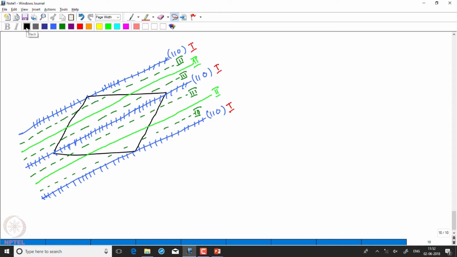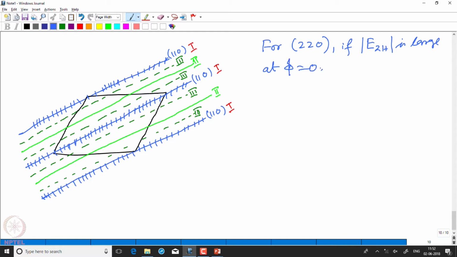Now let us see what happens for the 2 2 0 planes. If again for 2 2 0, E2h is large at phi equal to 0.